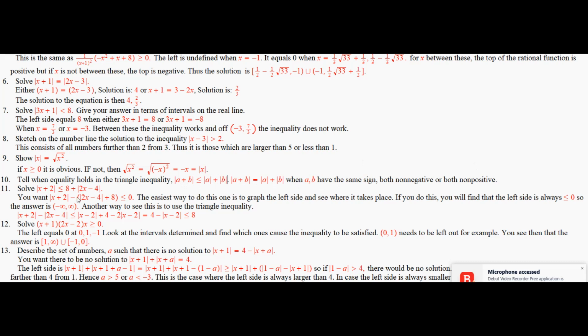All right, so let's see. Suppose I have this one and I want to solve it. Well, what I could do is take this one minus this, minus 8, and that gives me this.